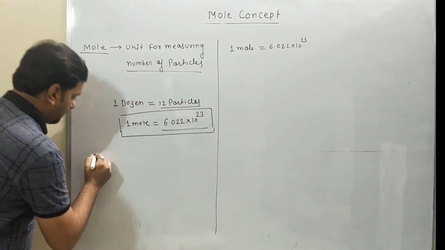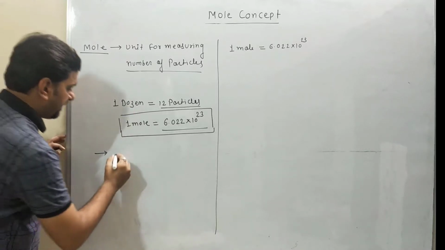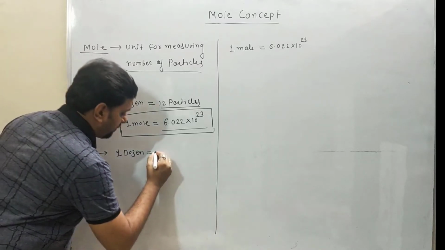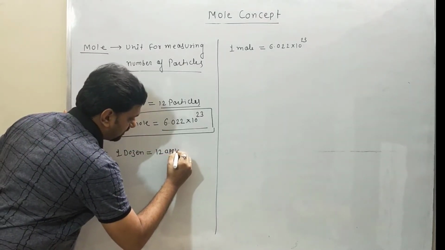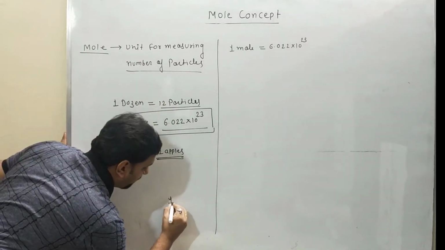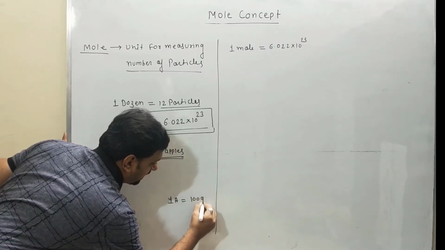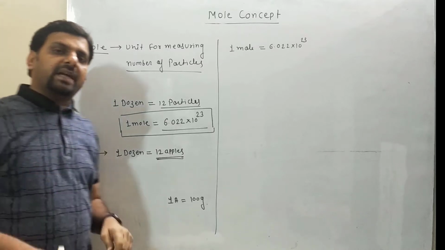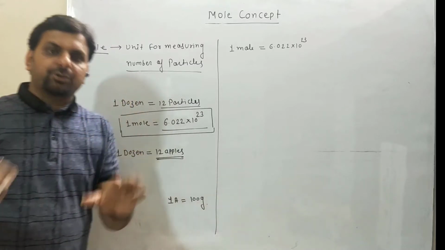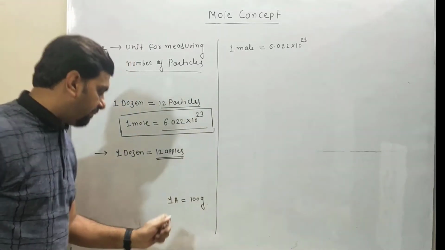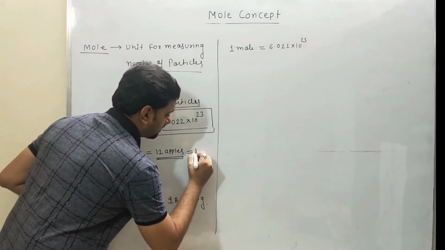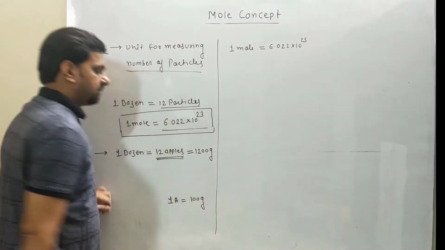Now I ask you to bring 1 dozen apples. How many apples will you bring? You will bring 12 apples. And suppose the mass of 1 apple is 100 gram, and assume that the mass of all the apples is the same. So the mass of 12 apples would be 1200 gram.